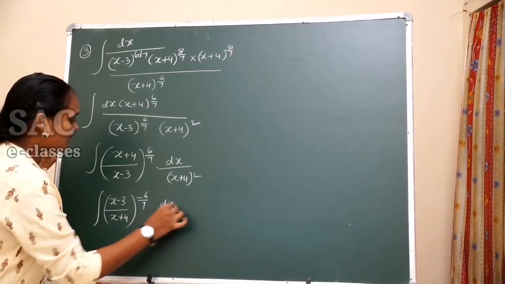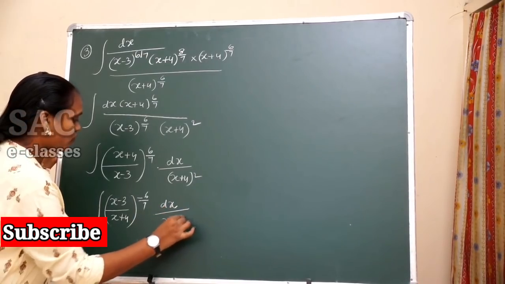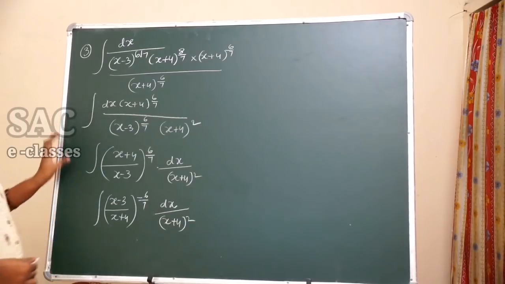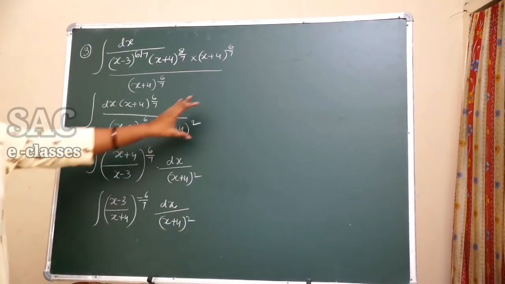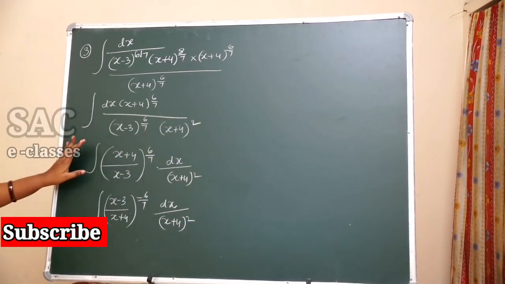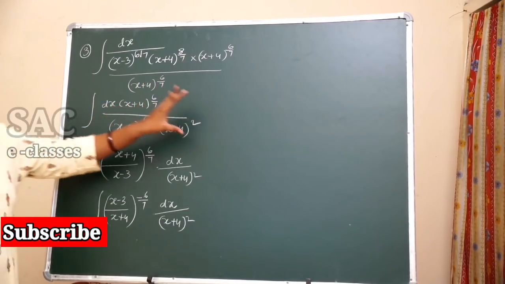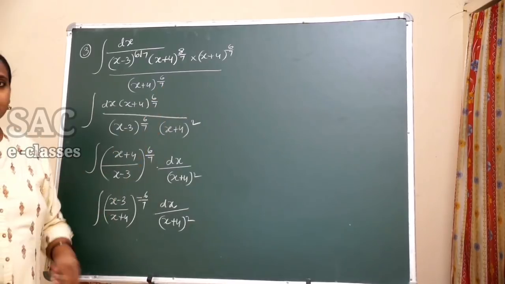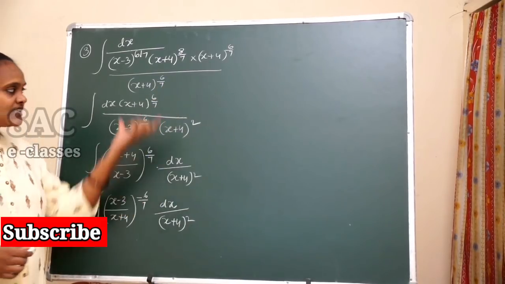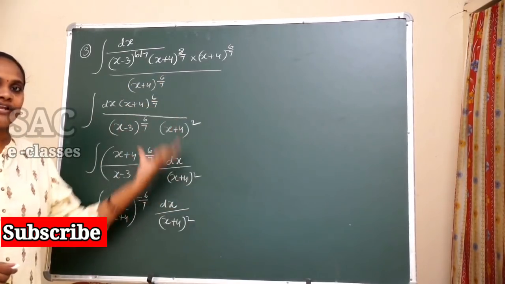So dx by (x plus 4) whole square. I hope from here onwards you know very well how to do it. Just try this problem. You will get the option. They have provided the options also.